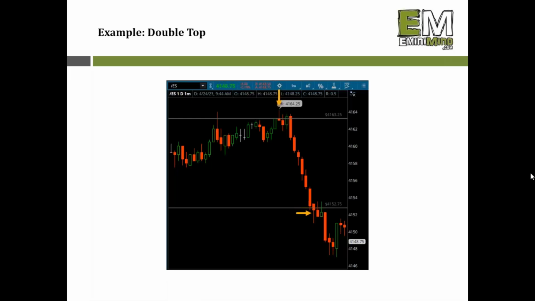And what I mean by counter trend is the trend coming into your entry is up, but we're looking at this resistance point as a bigger reversal, and a double top is a very clearly identifiable potential reversal point.